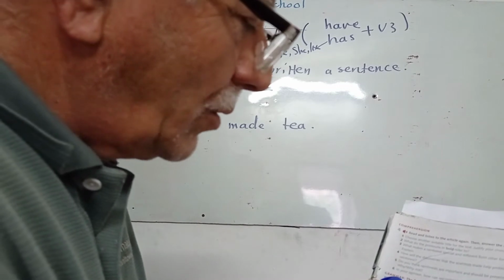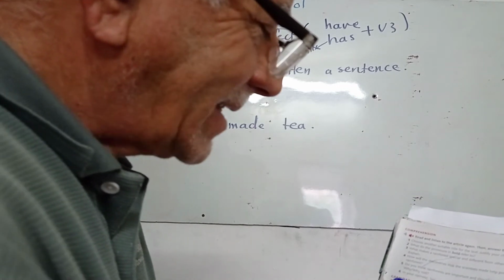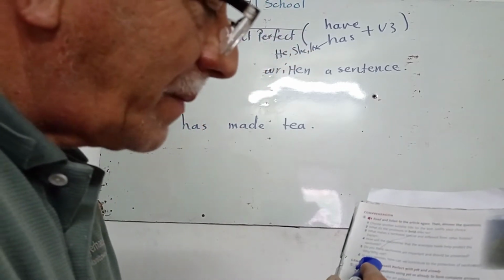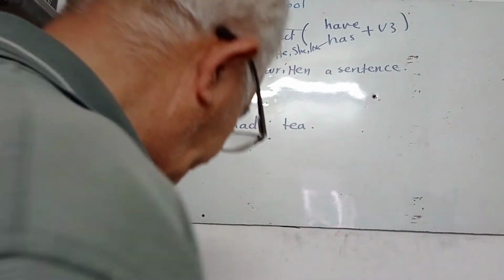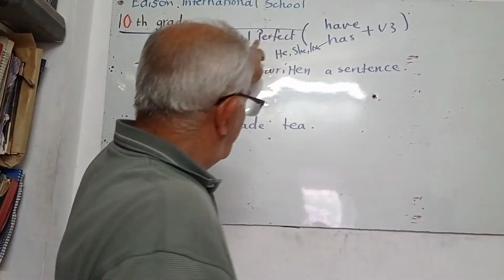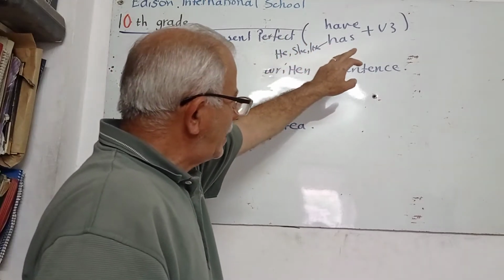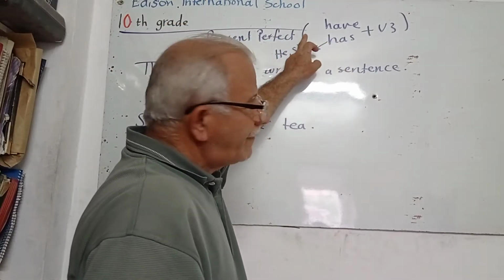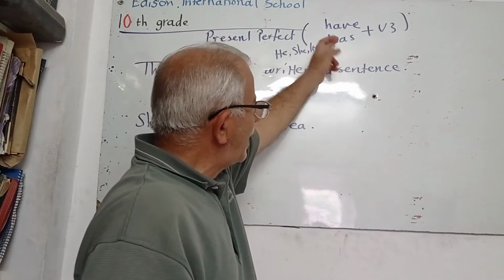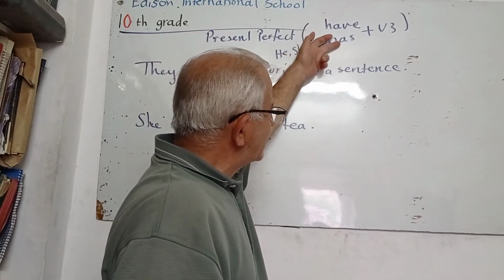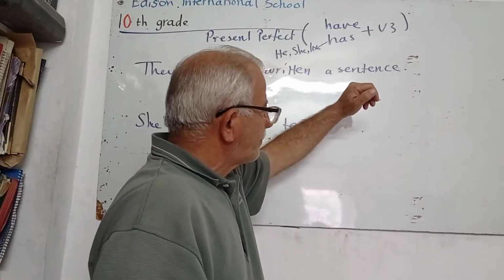Now we will revise grammar, which is the present perfect. I've written here that we form the present perfect by using have or has plus verb 3.